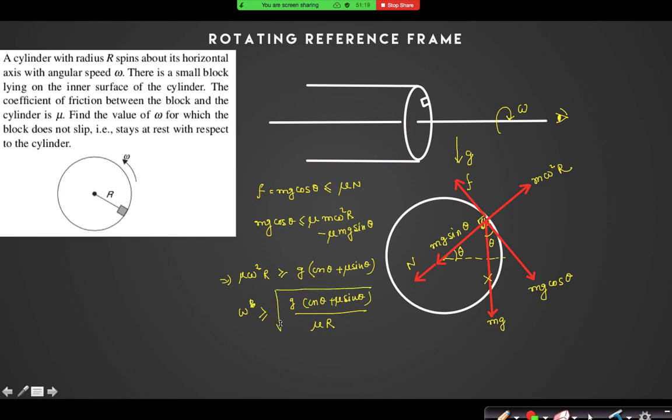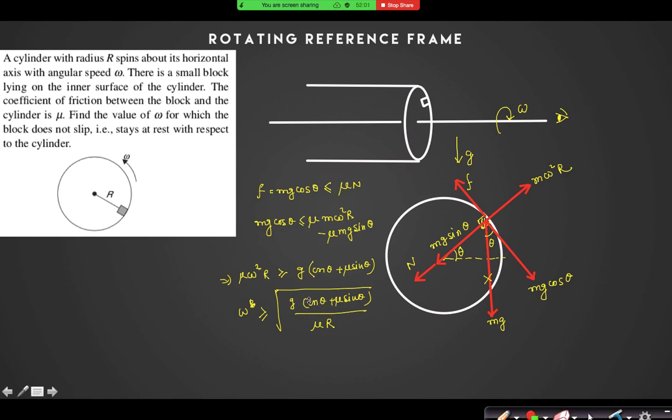Can you see that in order to find the minimum value of omega that satisfies all the angular positions theta, you have to check the maximum value of this numerator, cos theta plus mu sine theta, because omega is greater than or equal to this one. So you have to check for the maximum value of this part. If the omega is even greater than this one, then definitely it will satisfy all the conditions.